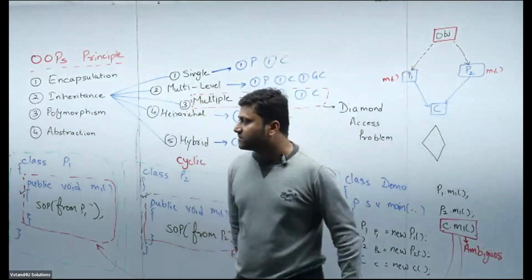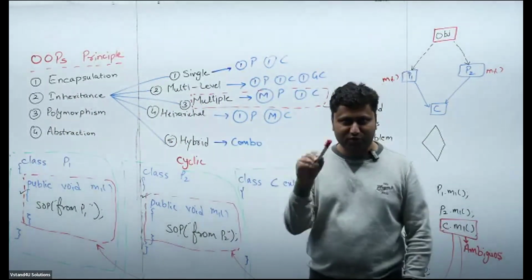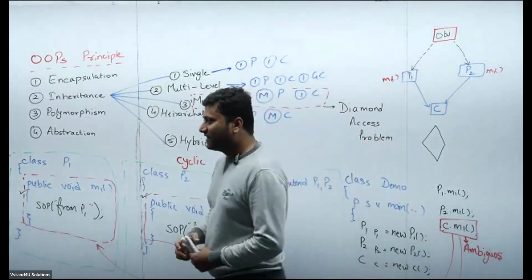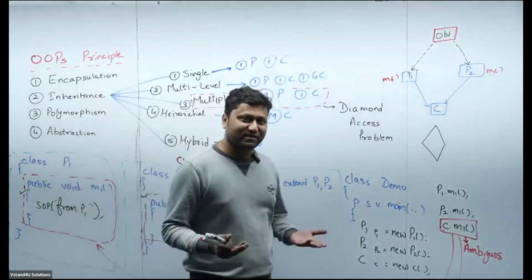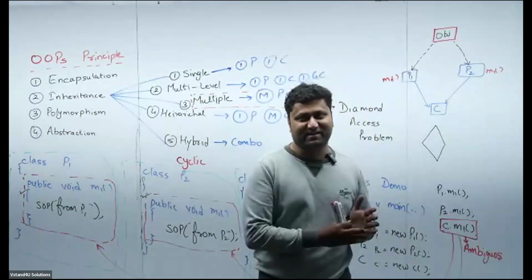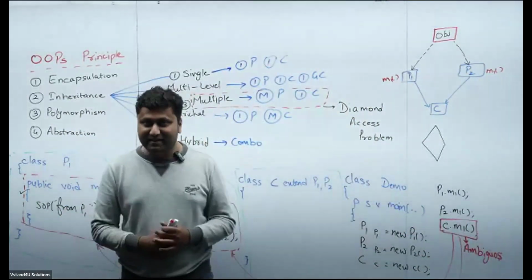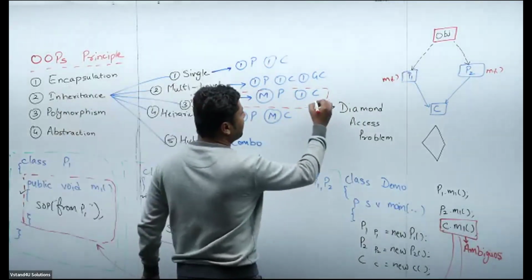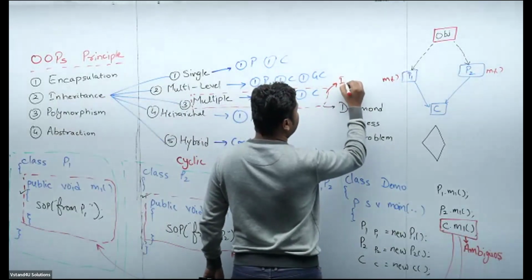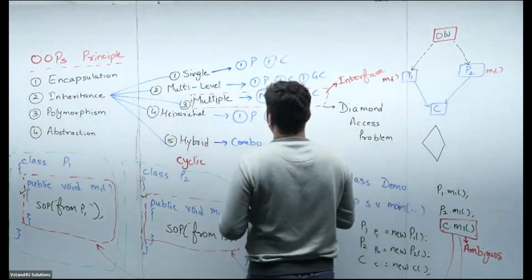Okay, in that case, what if I say, sir, Java does support multiple inheritance? Would you agree? This is not fair. Just now we concluded Java does not support multiple inheritance, and now we are saying Java supports it. Yes, Java supports multiple inheritance, but only with respect to interfaces.